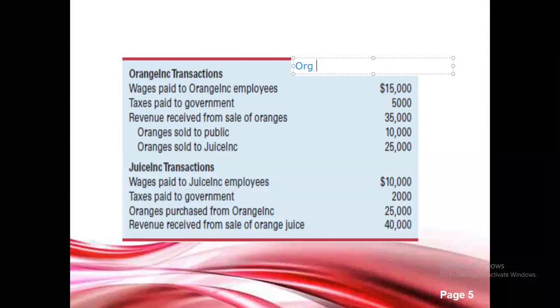The market value of goods and services of orange is equal to 35,000, and the market value of goods and services of juice is 40,000.